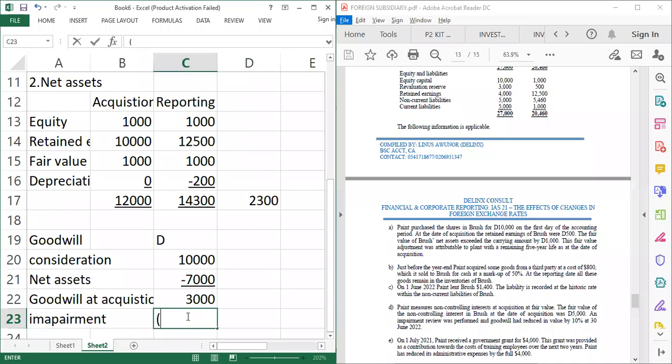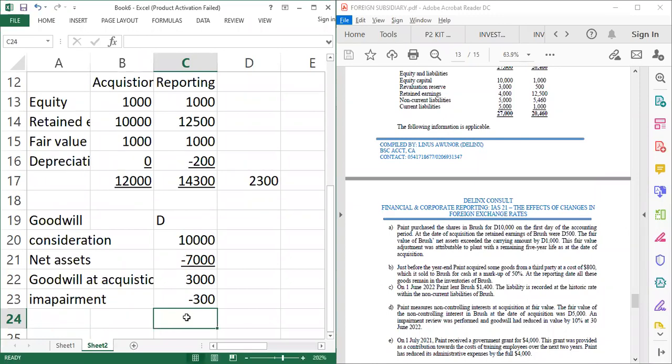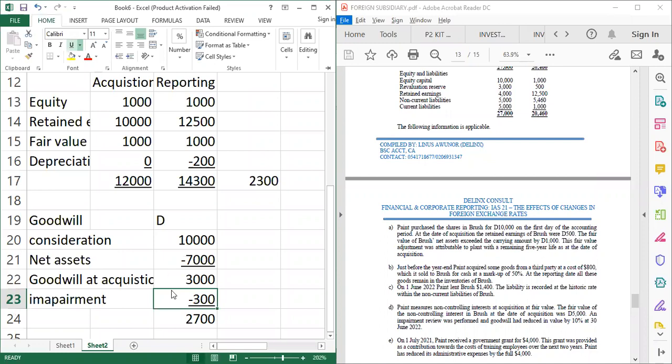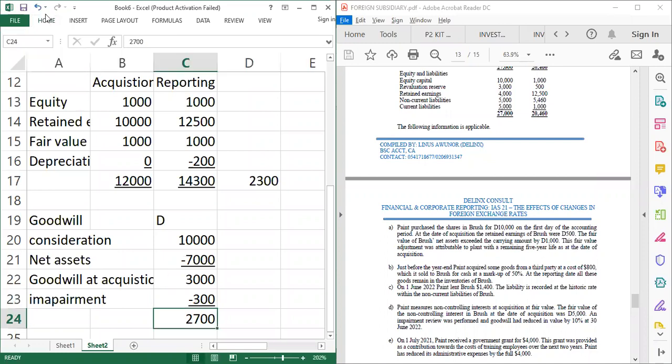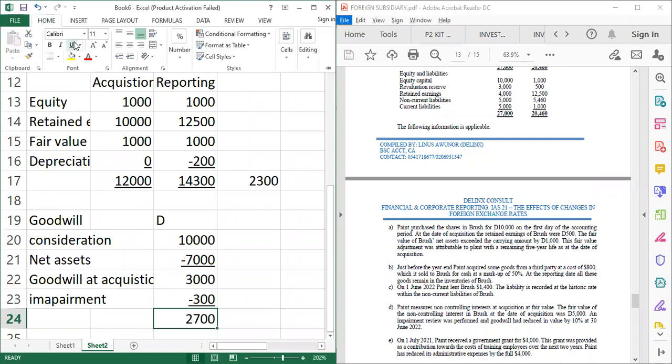So the goodwill at acquisition will be how much? 2,700. So this is the goodwill figure that will go to the statement of what? Profit or loss. But this impairment of 300 will be shared among the parent and then the subsidiary.